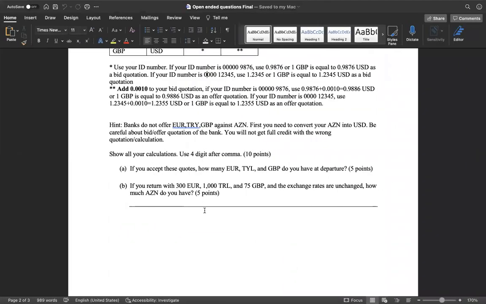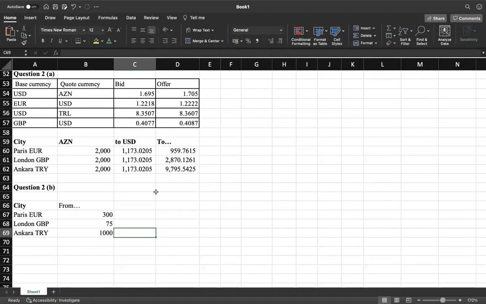Again, using the method above, I should convert them first to USD and then to AZN.